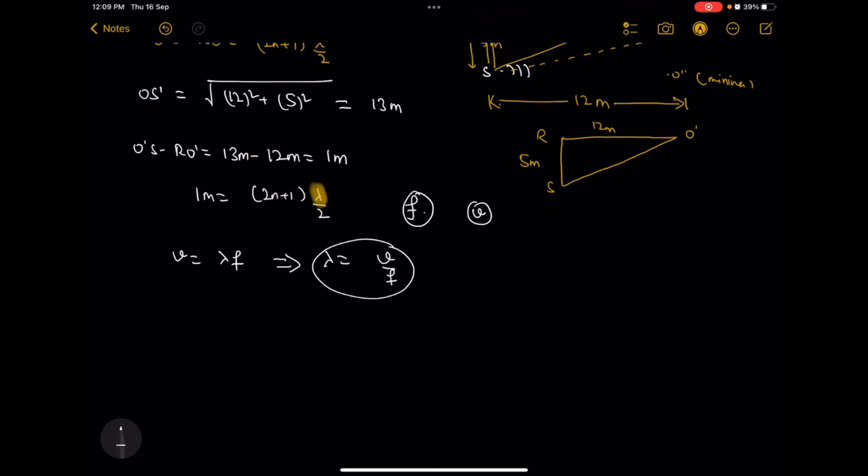I'm going to replace it there, so 1 meter equals (2n plus 1) v upon 2f, which implies f equals, oh wait, I missed something, yes I missed the 2: f equals (2n plus 1) v by 2.